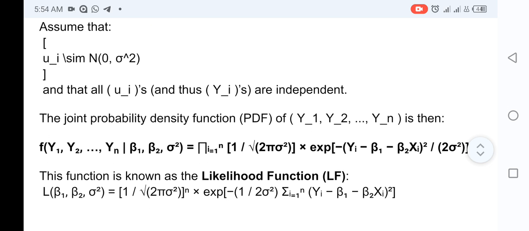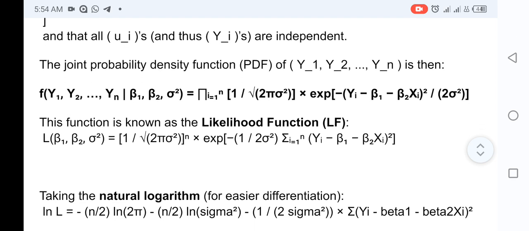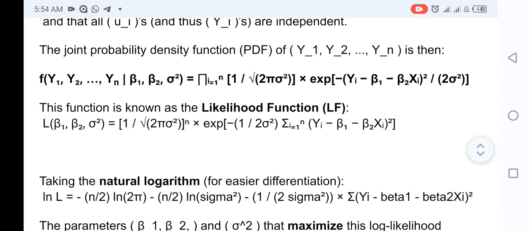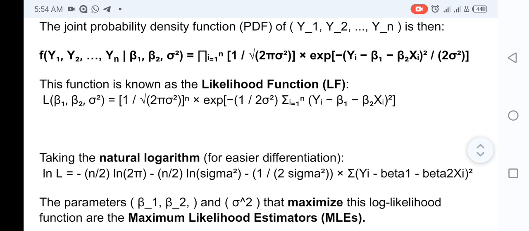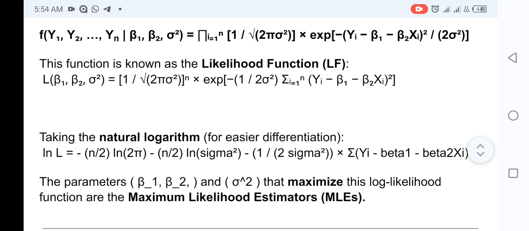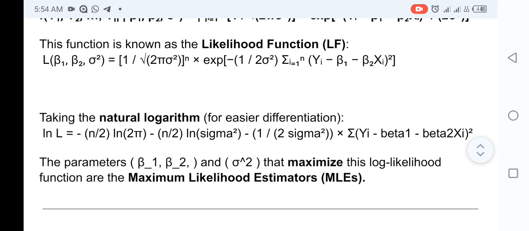The joint probability density function, PDF, of Y_1, Y_2, ..., Y_n is then f(Y_1, Y_2, ..., Y_n | β_1, β_2, σ²) = ∏ (1 / √(2πσ²)) exp(−(Y_i − β_1 − β_2 X_i)² / 2σ²). This function is known as the likelihood function, L(β_1, β_2, σ²) = (1 / √(2πσ²))^n exp(−(1 / 2σ²) Σ(Y_i − β_1 − β_2 X_i)²).